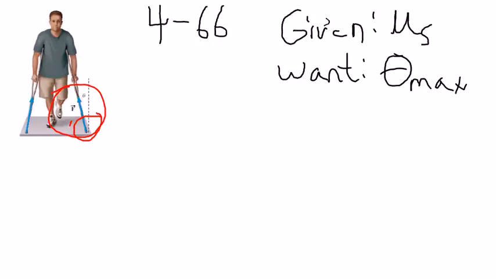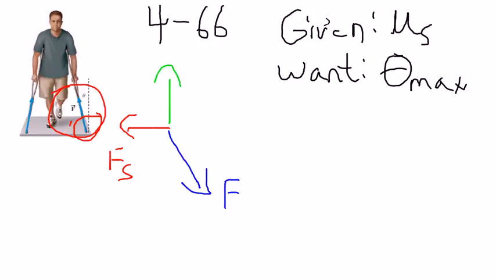Well, there's a force from the crutch pushing down on the ground, which we'll call the force F, a static force of friction preventing the crutch from slipping, and a normal force from the ground, perpendicular to the floor, pushing up.